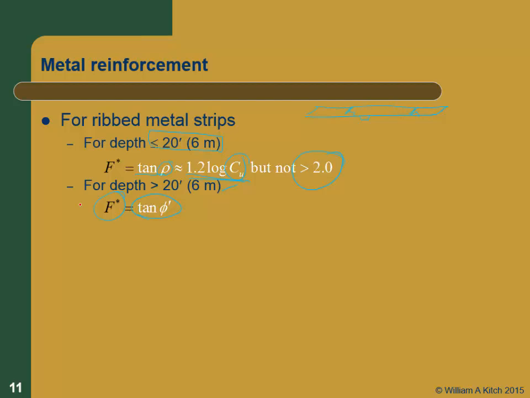Because at those depths, the soil is not necessarily going to be dilative anymore, because you have enough overburden stress, even for well-compacted soils, that it may behave as in a critical state. That is, it's neither dilative nor contractive. But we'll still get a greater. If you want to think about it, we're still saying that the apparent interface friction between the material and the soil is greater than the interface friction angle, because otherwise it wouldn't fail in the soil.